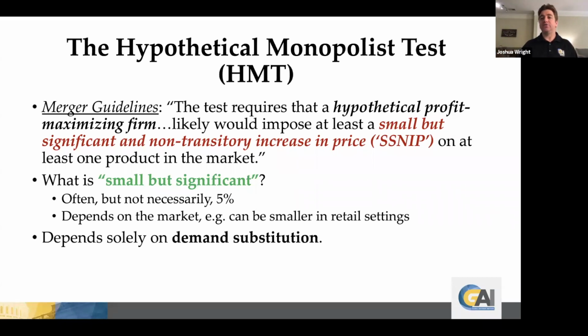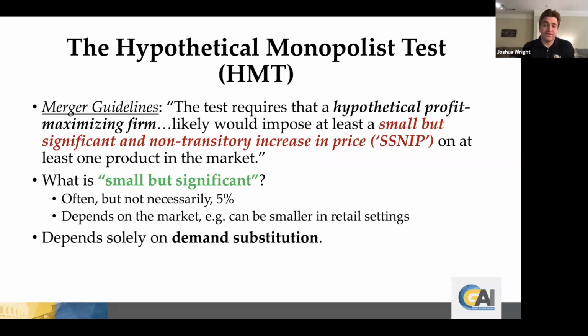The guidelines use the SNIP concept to get at the idea of being close enough to be in or out. It's a qualitative, somewhat arbitrary number that we pull. 5% is the most common in practice, but it can be smaller. There's some practical judgment to be used here, and one can engage with the agency, or even the court, about what the appropriate SNIP might be for a small but significant non-transitory price increase.